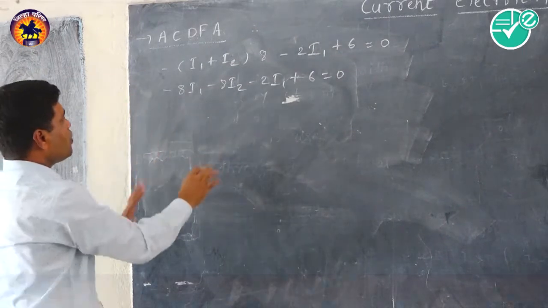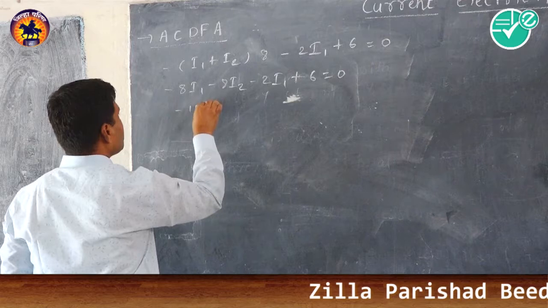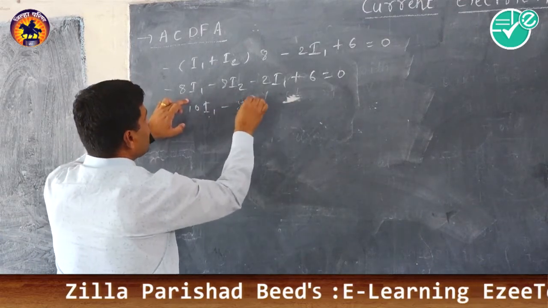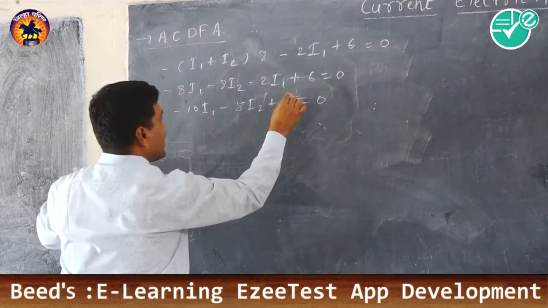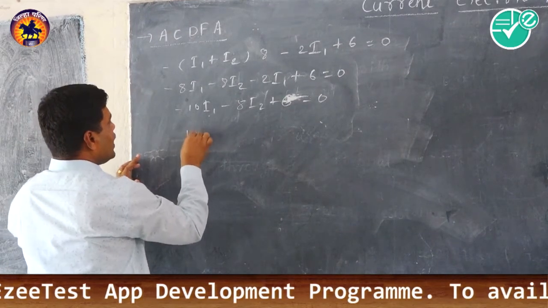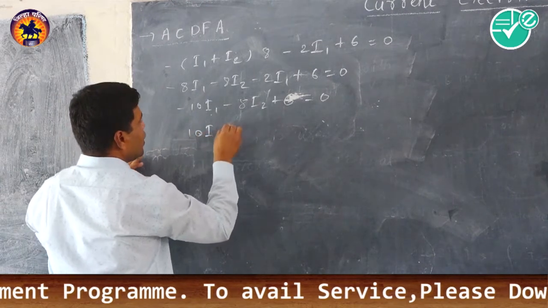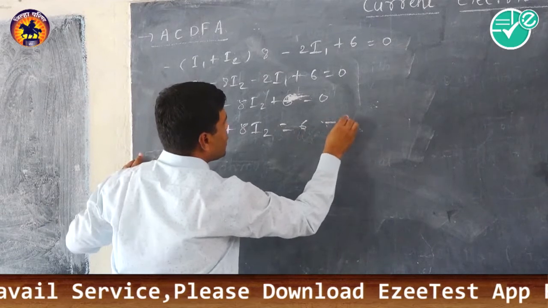Rearranging the terms, we get minus 10 I1 minus 8 I2 plus 6 equals 0, or we can write this as 10 I1 plus 8 I2 equals 6.